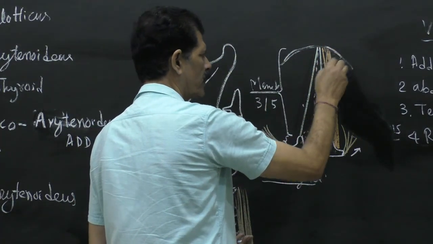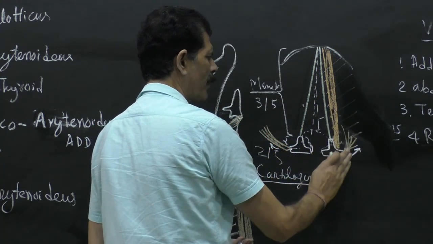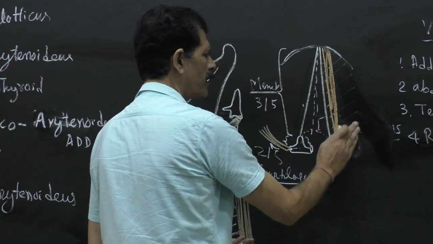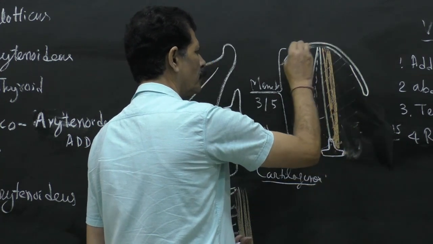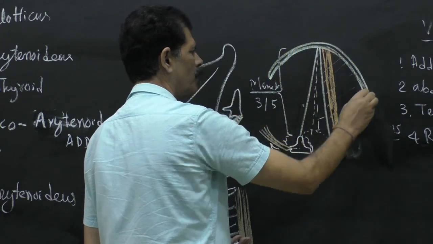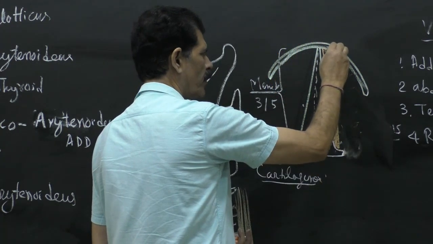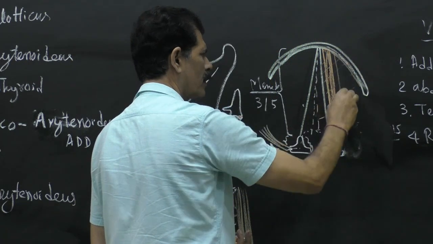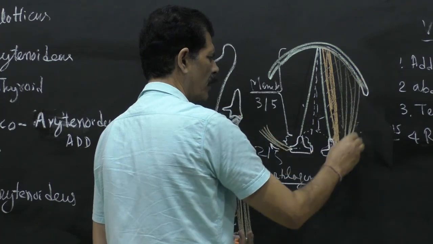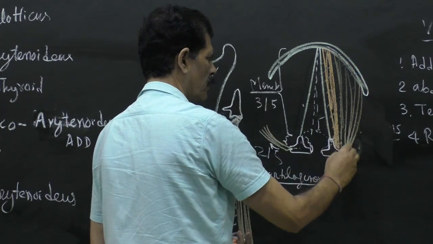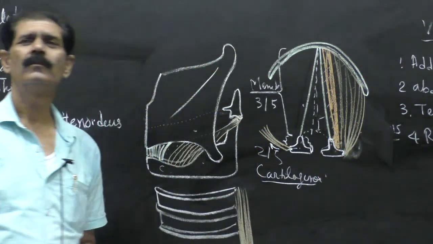As we know, this whole is the thyroid membrane. Within this is embedded the vocalis muscle, and lateral to it, it takes origin from the thyroid lamina, and this muscle is inserted over the muscular process of the arytenoid cartilage near the base.